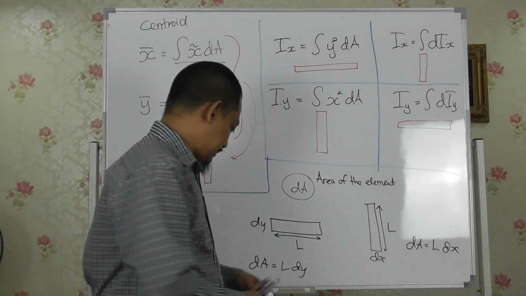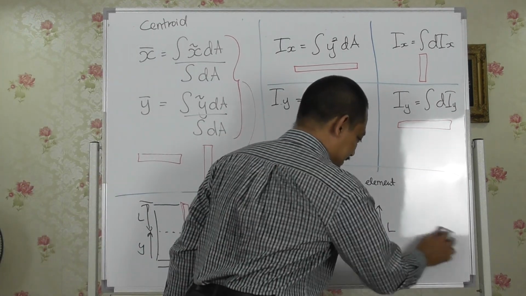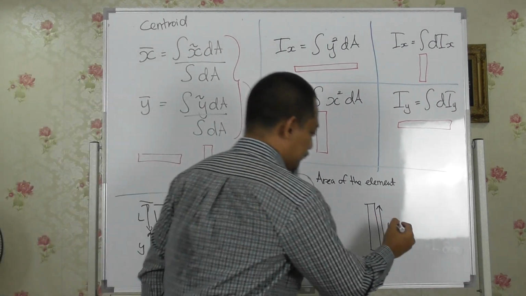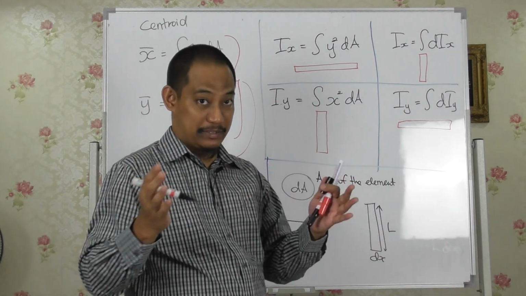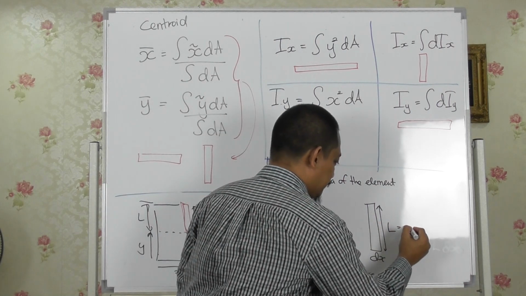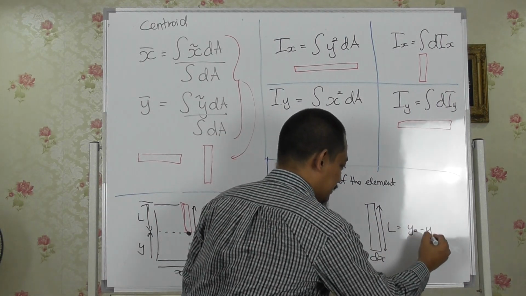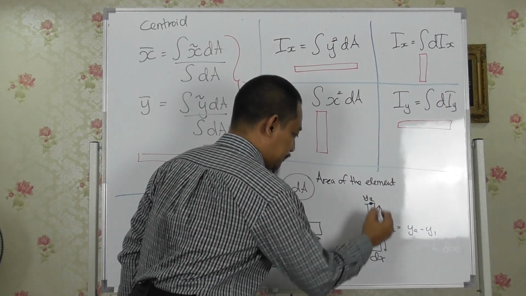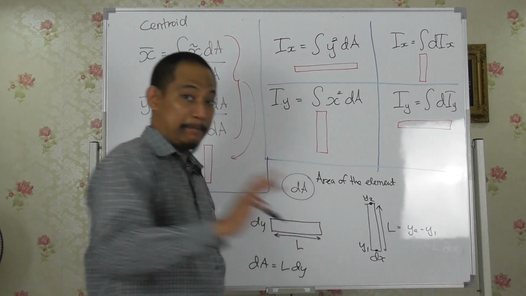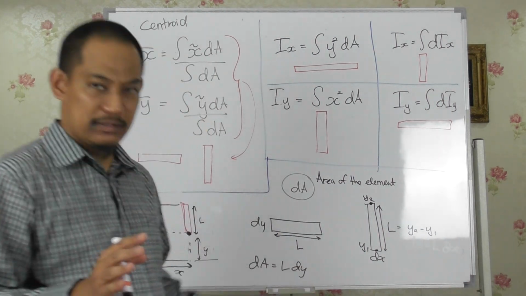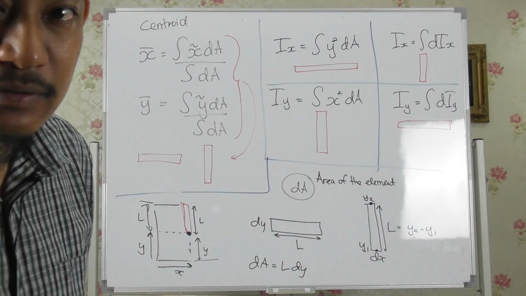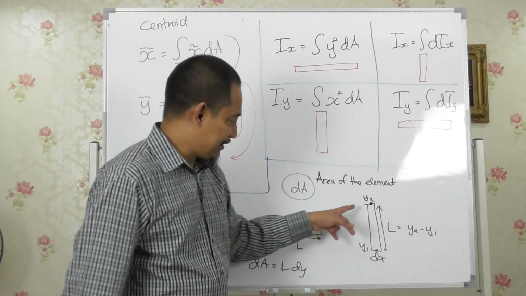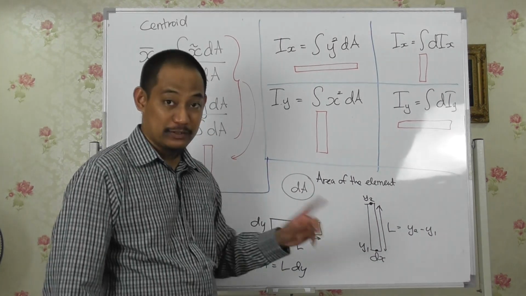So in this case, just to make it easy, if you just want to memorize, I make it in a generic form, y2 minus y1, whereby this is y2, this is y1. Okay, the light is okay. Again, just to repeat, I make it in a generic form, y2 minus y1.